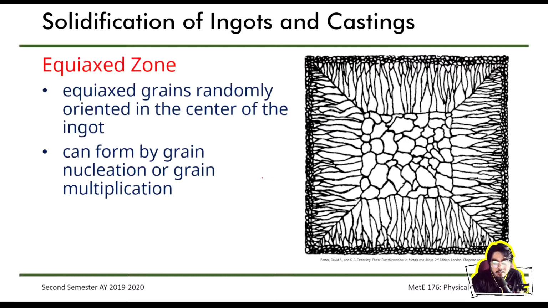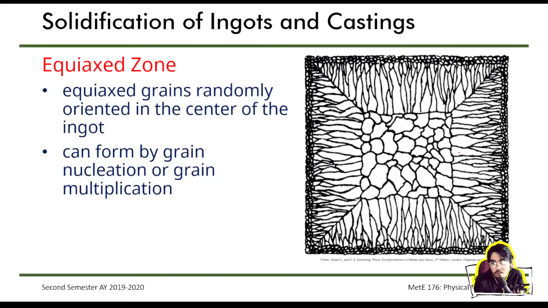Tapos after the columnar zone, abot tayo sa point na ang remaining liquid, masyado tayong malayo na sa mold wall such that hindi na nagmamatter yung thermal gradient. And at this particular point, magkakaroon tayo ng normal na nucleation and growth.